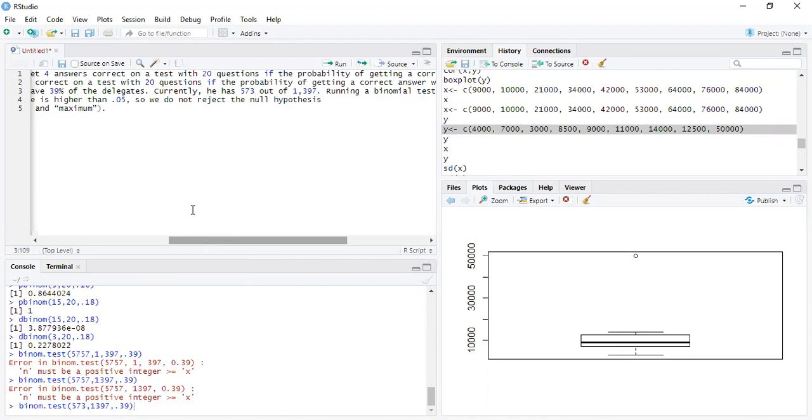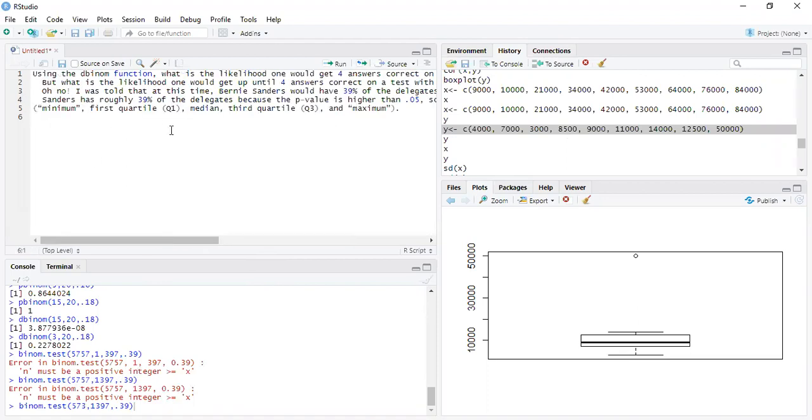So you have to watch out, because here we have our own area where we can write anything we want up here. That was basically what I was doing. I was writing up here when I accidentally hit two things that changed that number. So he has 573 out of 1,397, and there's a 39%.